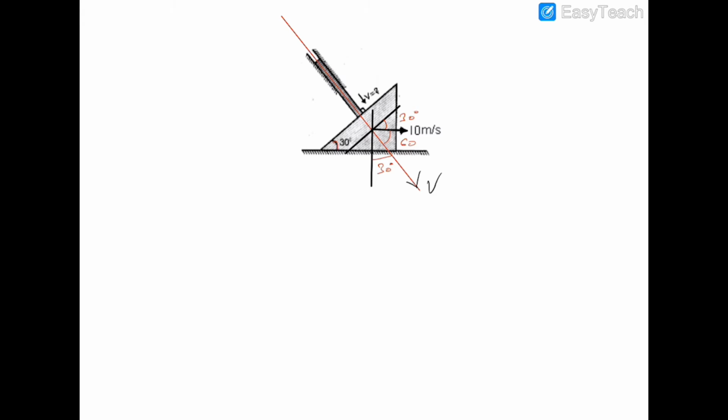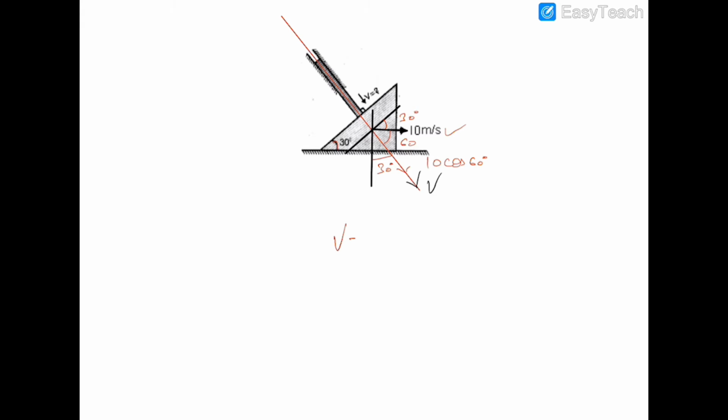So as we can see, the velocity vector of the rod is already along the normal, so we do not need to resolve it further, and we have to resolve just this velocity vector of 10 meters per second. So we are resolving it and writing its equation: its component along the normal will be 10 cos 60 degrees.